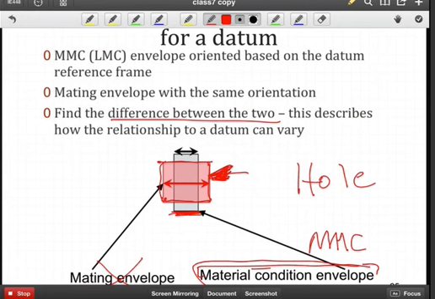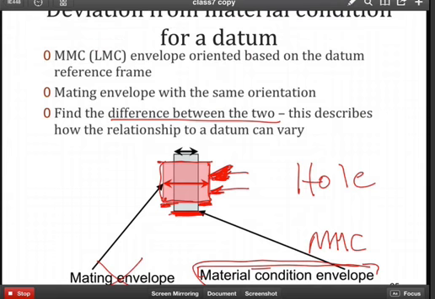What that is saying is you're going to allow, because it's smaller, greater variation in position and or orientation, because again, we're not contacting the surface with the material condition envelope. The mating envelope comes in contact with the surface of the hole. And so there's kind of this wiggle room as indicated by this excess on the left and on the right. And we'll see that in other examples as well.